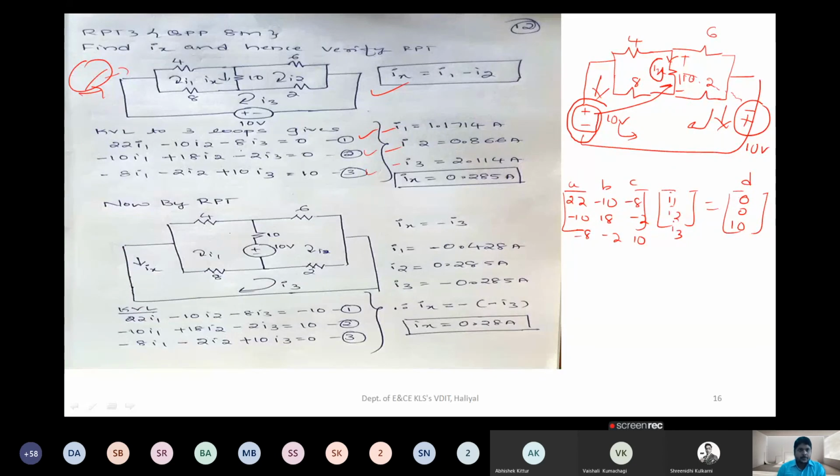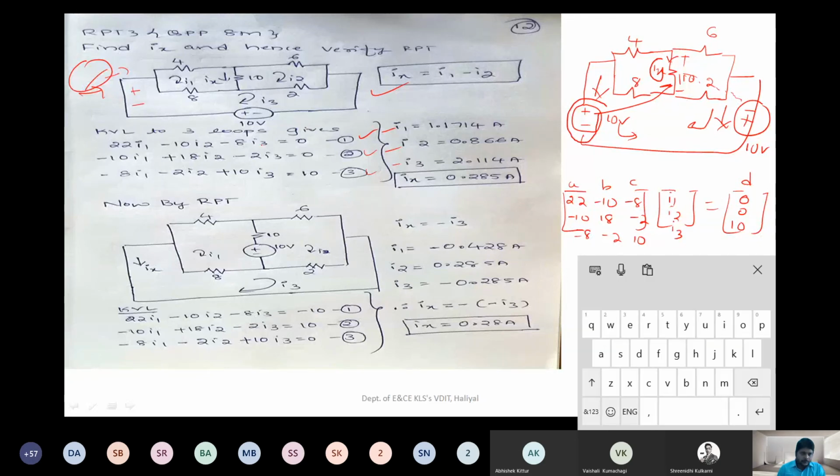And the current I should assume here only. So please be careful here. You should assume it here only. What will happen if I assume it here? Can anyone tell me? If I assume Ix here, what will happen?